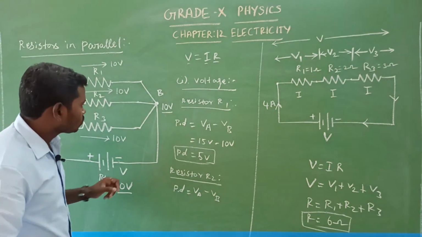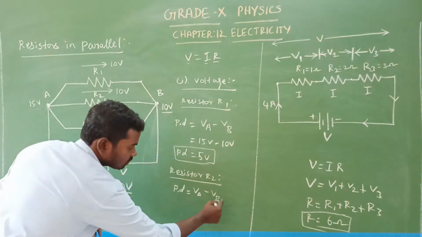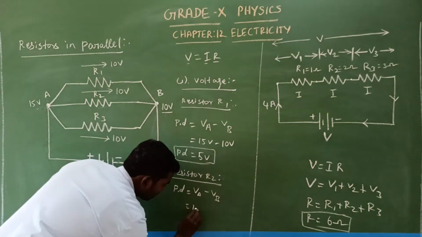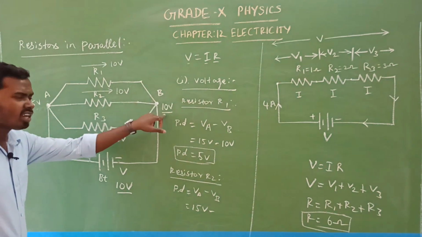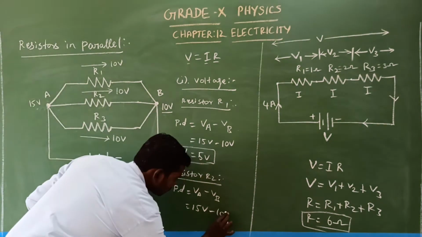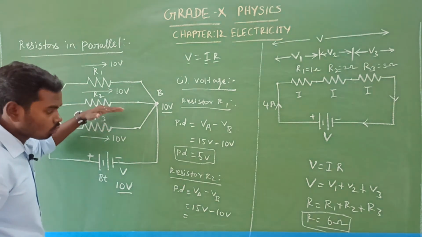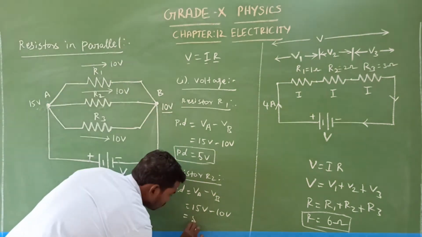So we always subtract from high potential to low potential. So VA minus VB: 15 volt minus 10 volt, which is equal to 5 volt.